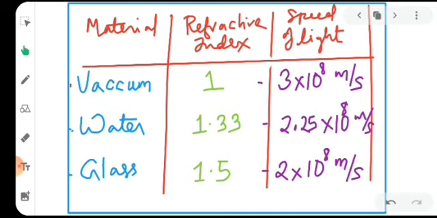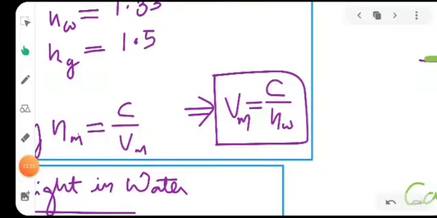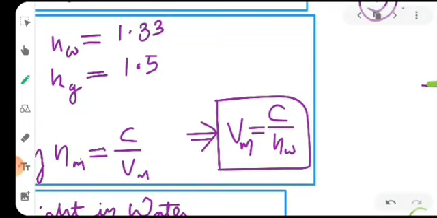And as you can see from our previous equation, the refractive index n was equal to the speed of light in vacuum over the velocity of the light in the medium. Now from here you can redefine the refractive index.